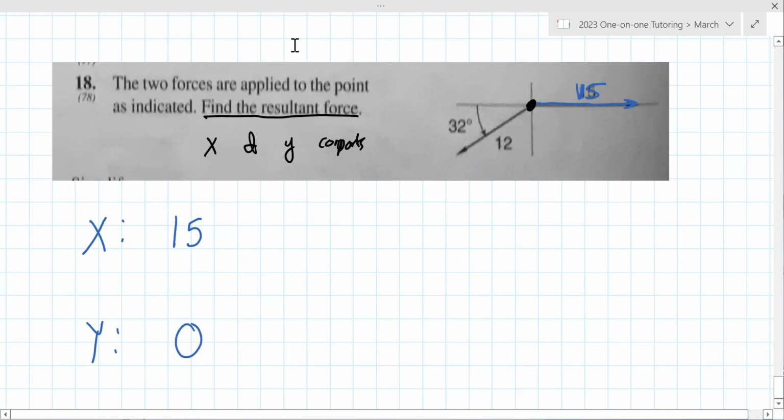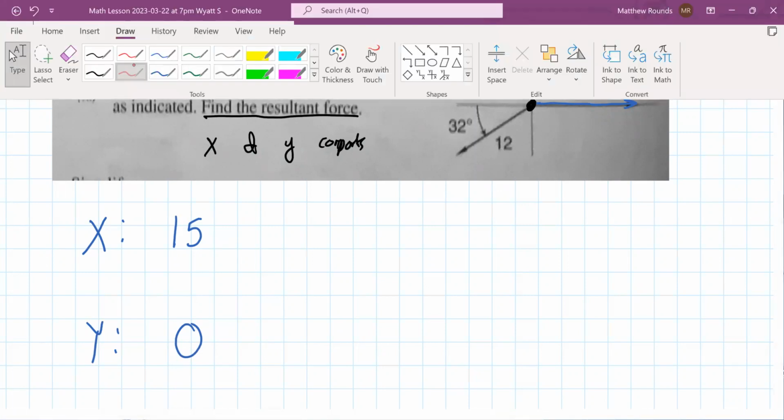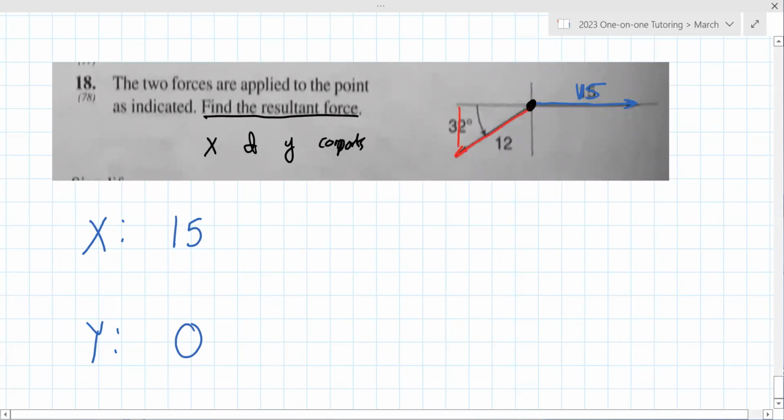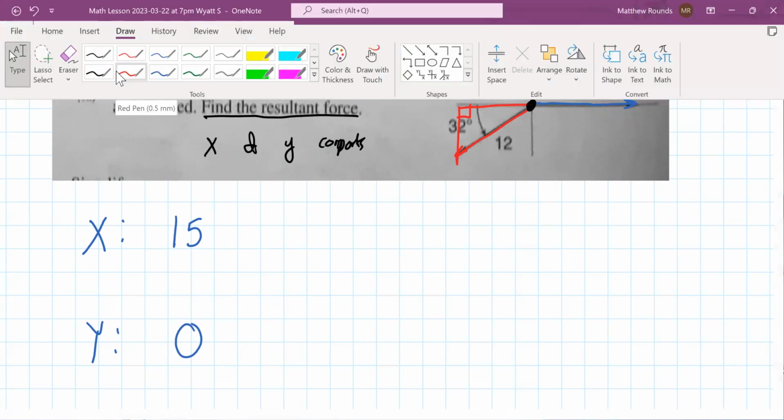The other one is from a triangle. The angle is 32. How do you find one of the legs of a triangle if you're given an angle and the hypotenuse? You would use cosine.